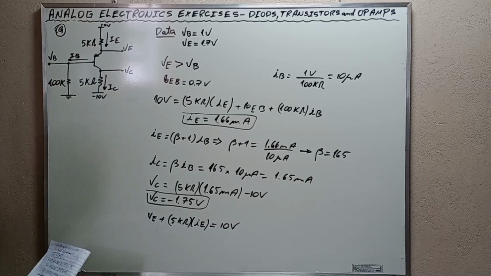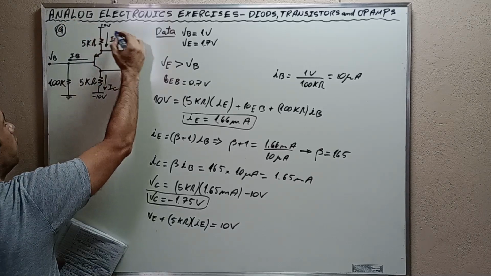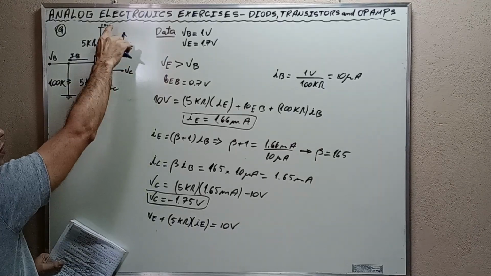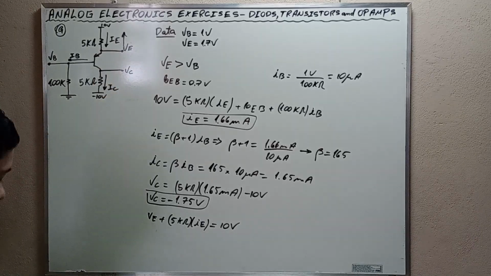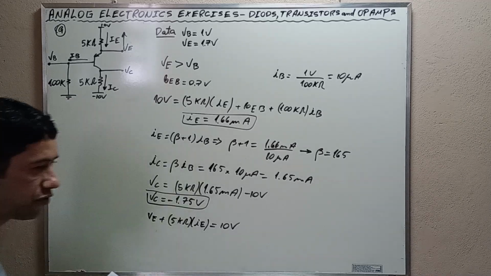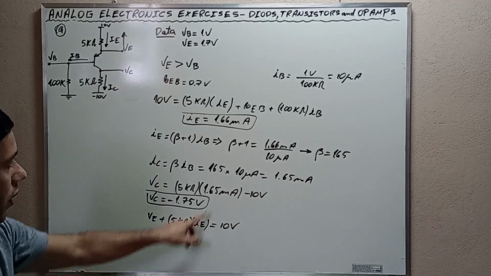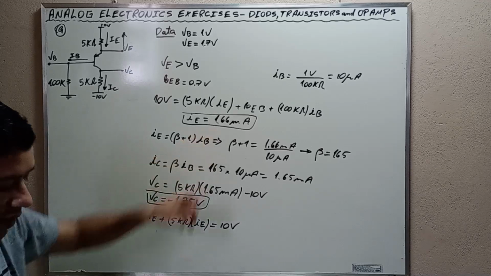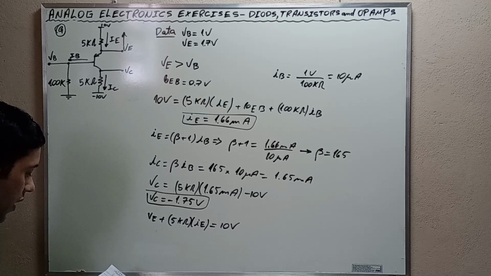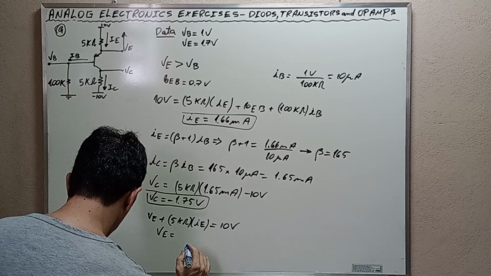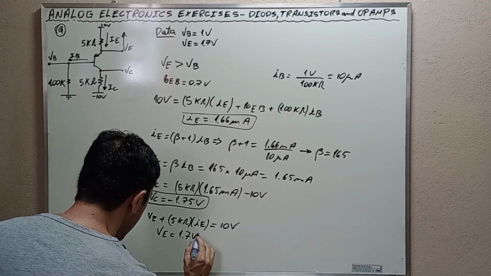There is going to be a voltage drop in this direction here. Then VE plus this voltage drop has to be equal to 10 volts. And from this step, we find VE, we have to substitute the value. IE is equal to 1.66 milliamps, and ultimately we find that VE is equal to 1.7 volts.